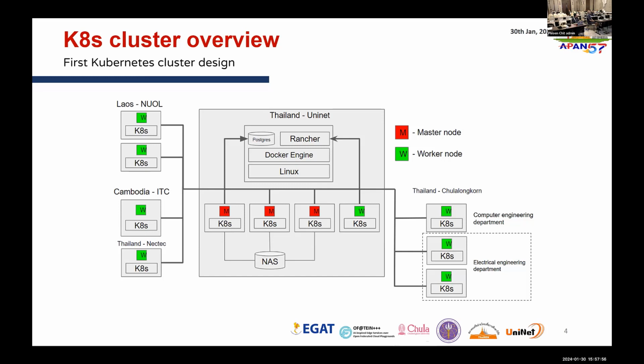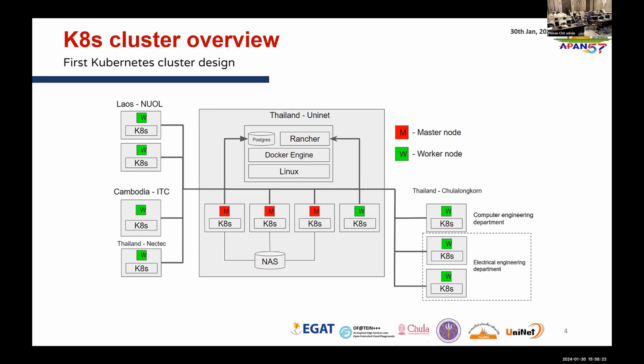Actually, one master includes two things: the control plane and a database. For the three masters, each also has a control plane and database. It works like a cluster. If one of them goes down, the others will try to find the leader.